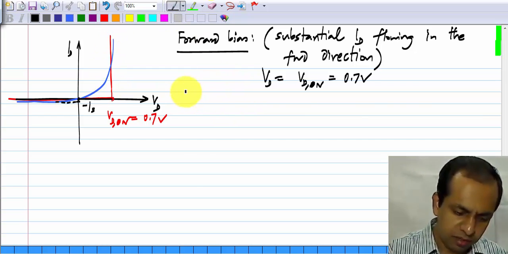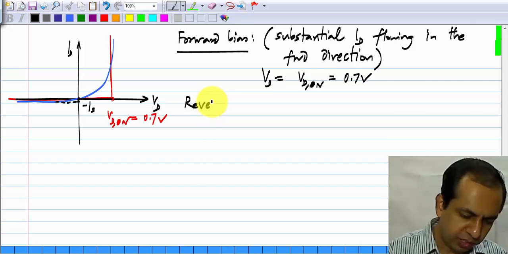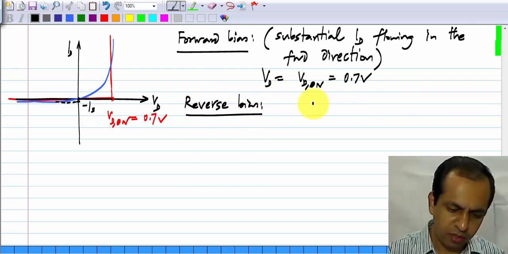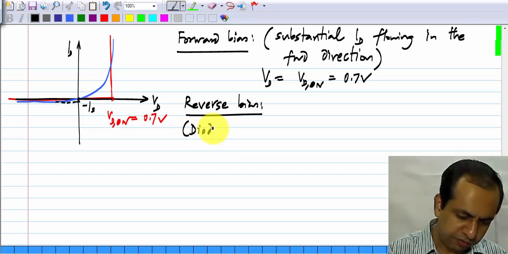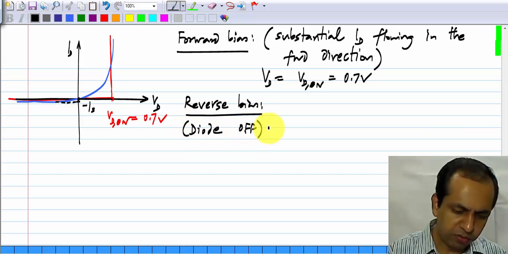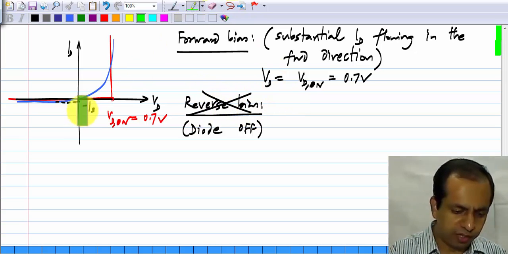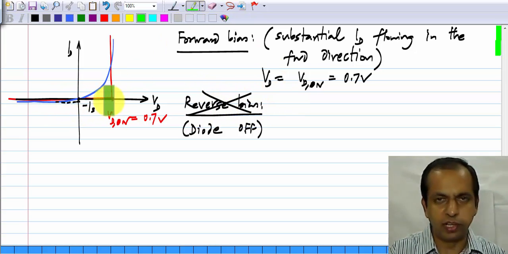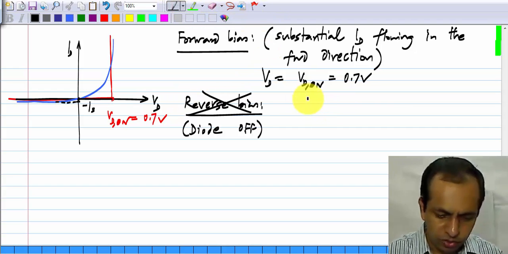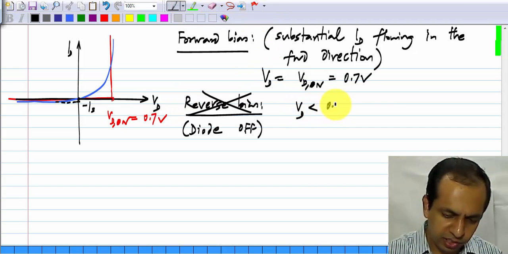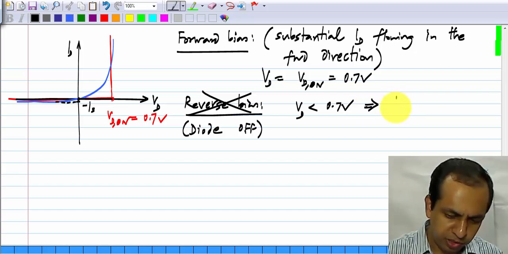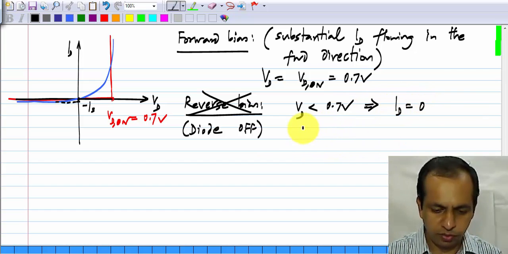And then I will call it reverse bias. Basically, when the diode is off, by the way, I refer to this as the diode being off, and I should not really call this reverse bias because Vd is not necessarily negative, it also includes Vd less than 0.7 volts. So, this means that if Vd is less than 0.7 volts, the current will be 0.